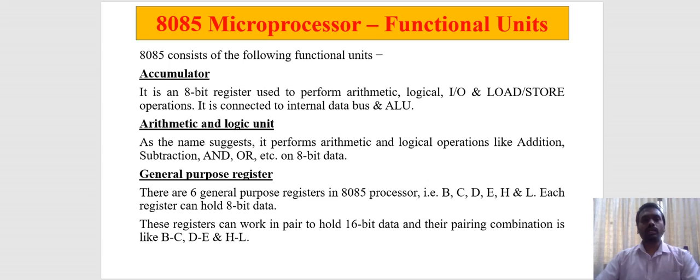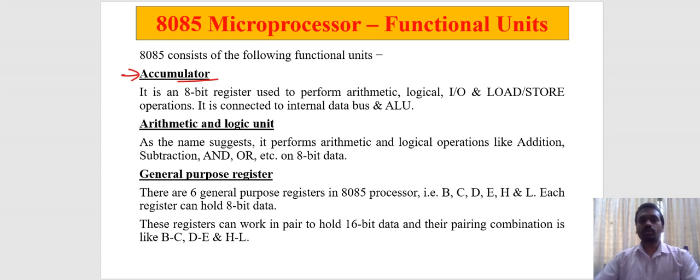The first one is the accumulator. As we already saw, the accumulator is a part of the processing unit. Basically the accumulator is an 8-bit register, and it has a very important feature: this 8-bit register is used as one of the operands for most of the arithmetic and logical operations.